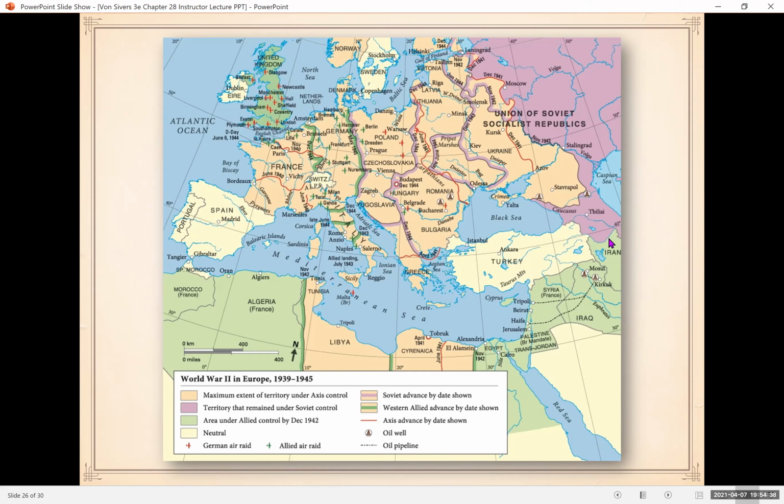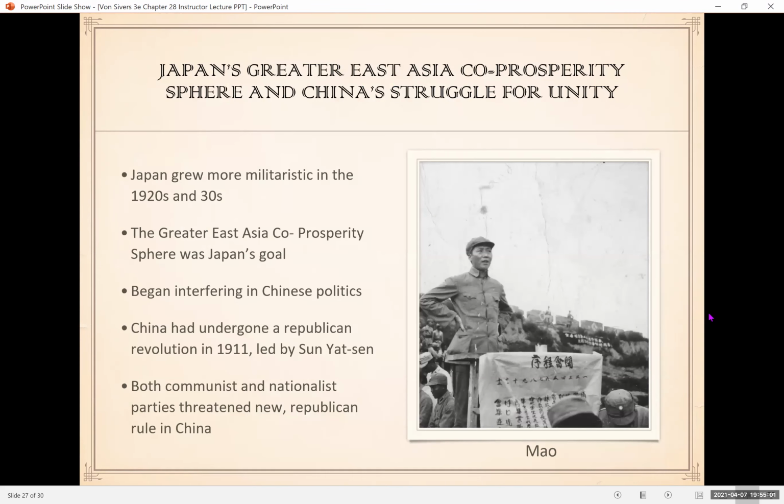But if you notice, had they gone down here, they could have started taking oil rigs all the way in here, and they would have been aptly supplied to continue warfare. It was a mistake on their part.